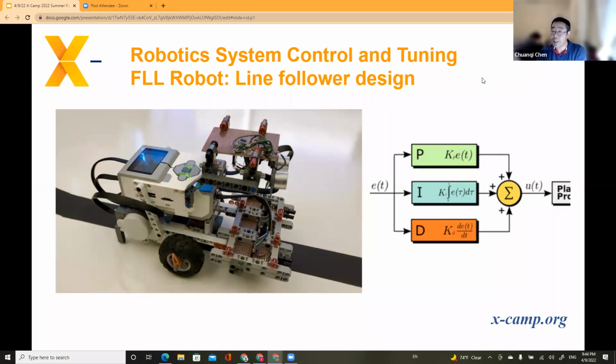The control you will send to the motor, right? So you will have input and you have output. So the student just needs to focus on how to design the PID controller. In the middle school case, you would just do the P controller. But in the high school case, you can do integral and derivative. You design a PID controller. So next slide.